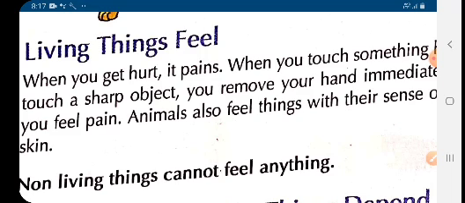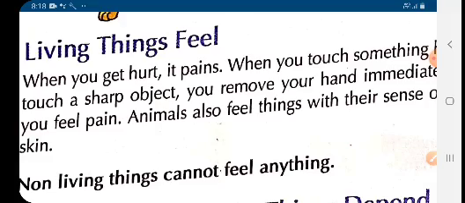When you touch something hot or sharp, you immediately remove your hand because you feel the heat and also you feel the sharpness of the object. Because of the sharpness as well as the heat, you get pain. So this is something which you feel. Animals also feel things with their sense organs.